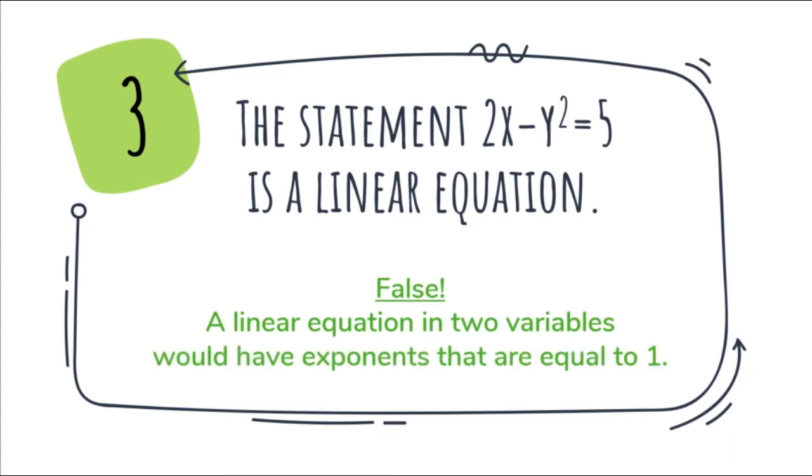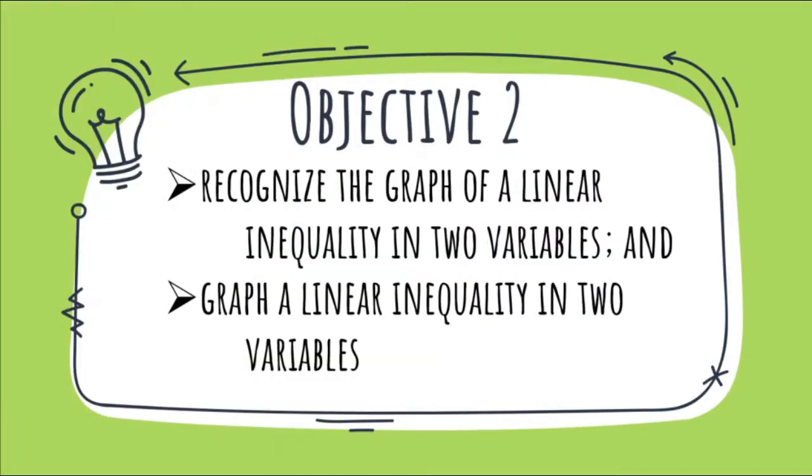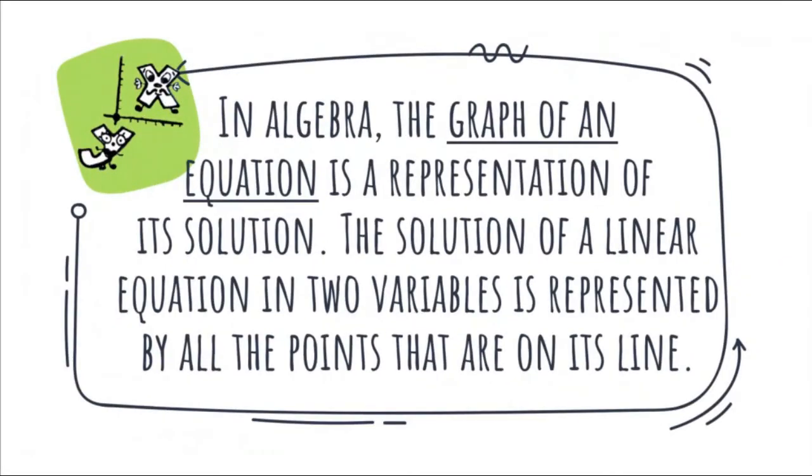Let us have objective number 2. Recognize the graph of a linear inequality in two variables and graph a linear inequality in two variables. In algebra, the graph of an equation is a representation of its solution. The solution of a linear equation in two variables is represented by all the points on its line.